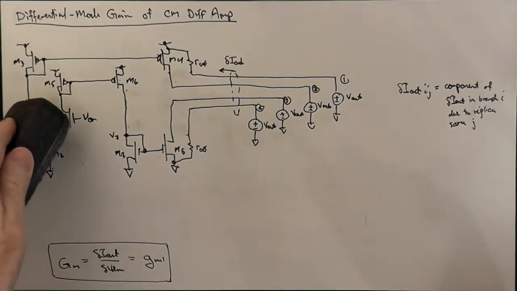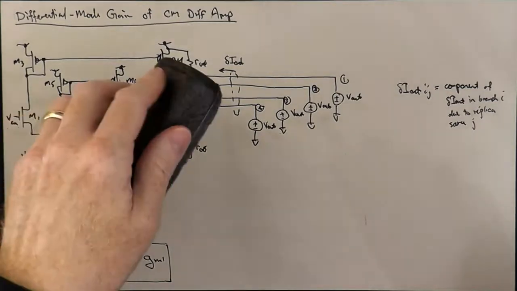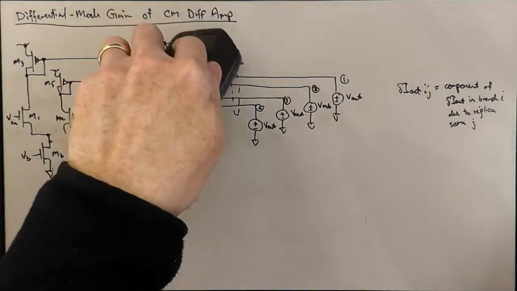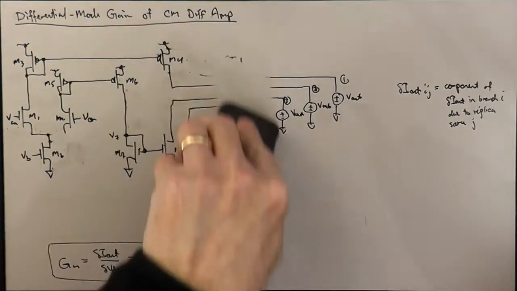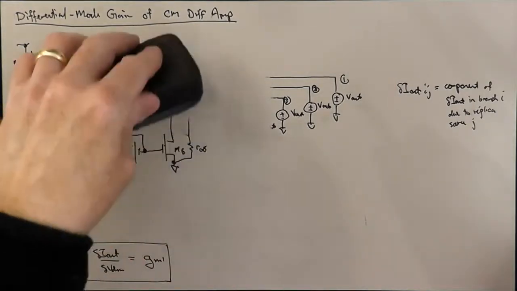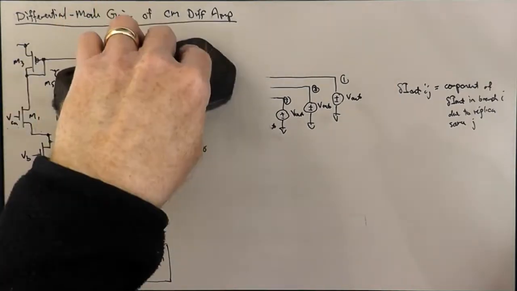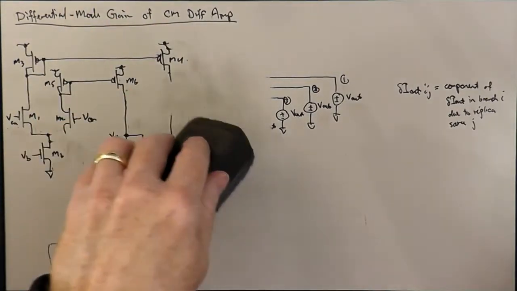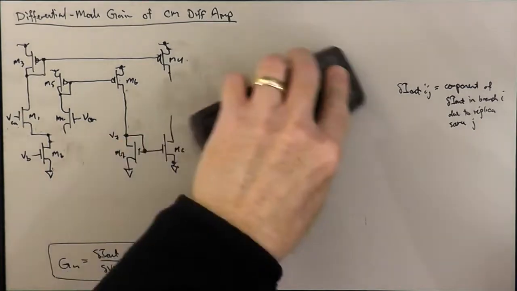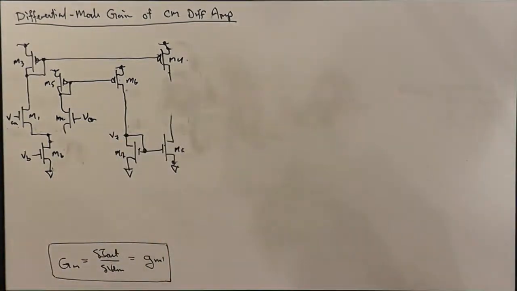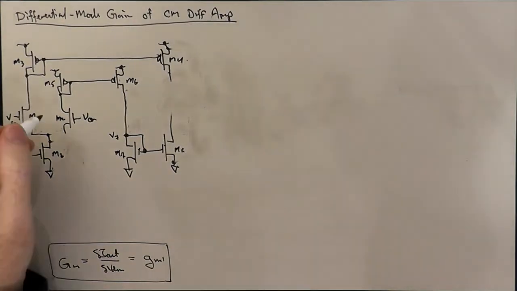So if I can take away these little current increments and reconstitute the circuit, I want to think about what would happen to this differential mode gain that we just worked out.